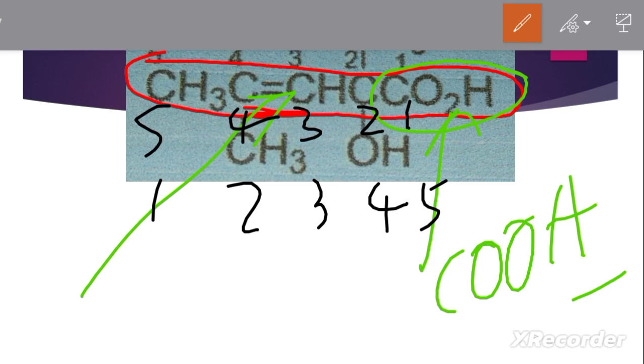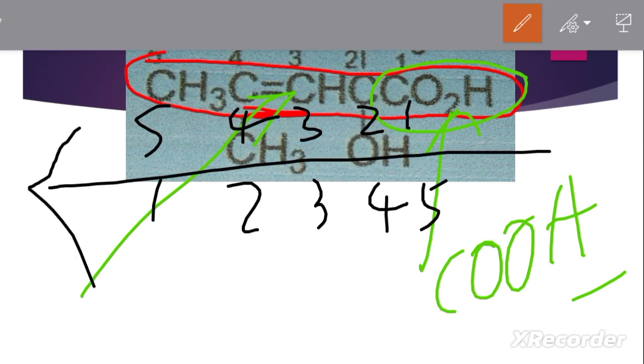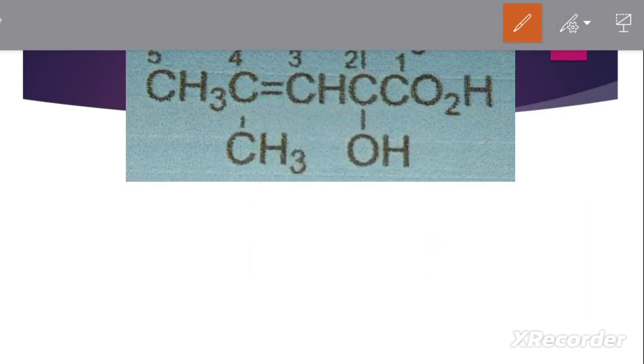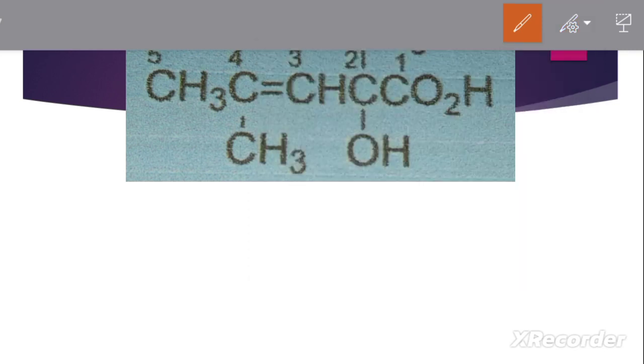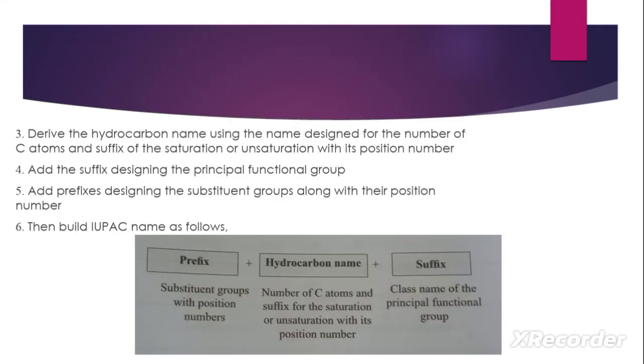So I have to consider the numbering from this direction, so that the functional group gets the first number. So I'm going to select the numbering as 1, 2, 3, 4, 5. Right?